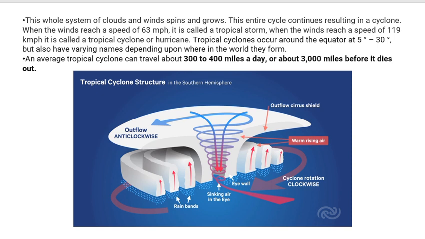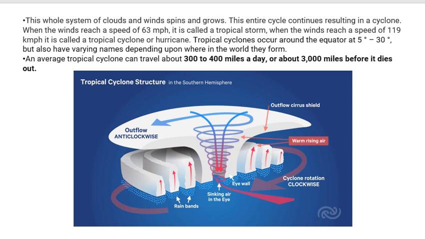So, depending on the speed of the wind, it destroys. It hits the coastal areas, and it causes much destruction. If the speed is less, it causes less destruction. As long as the moisture is carried along with the wind, we will have rainfall.